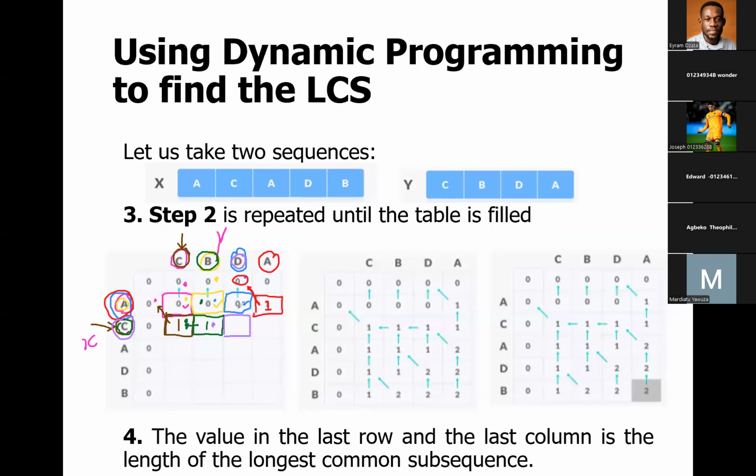We check this cell and this one for the maximum. So the maximum is what? 1. So we put 1 here, and then we move the arrow to point towards that one. Are we on track? Yes, sir. Okay. So let's do the last cell.